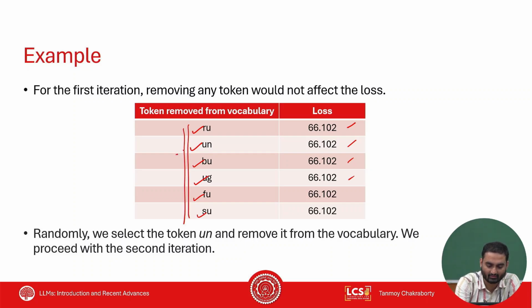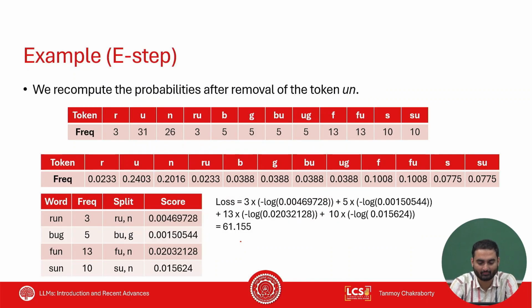So let's say we select UN and remove UN, and then we modify the table. So in the maximization stage, we aim to remove a token whose removal will not affect the loss, or will affect the loss the least.